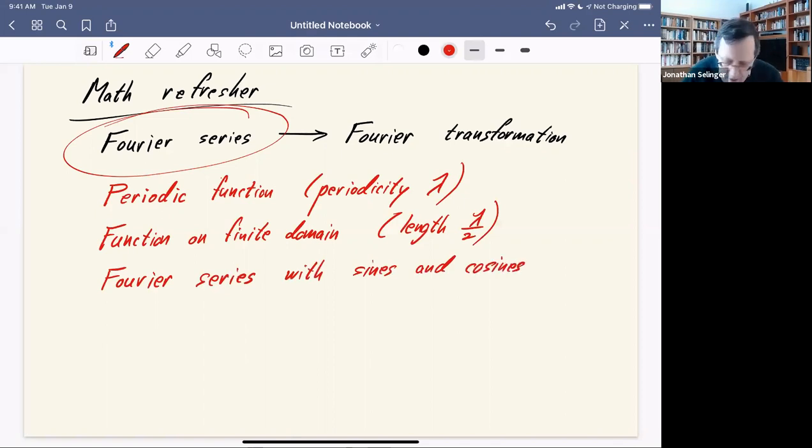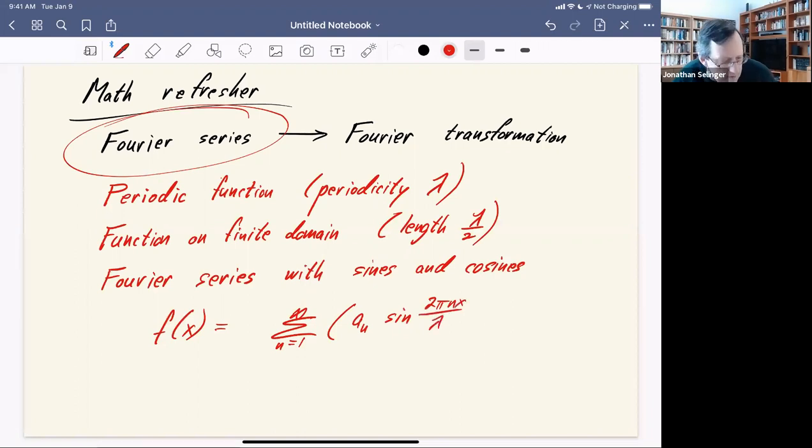So we could write f of x as a sum of terms from n equals 1 to infinity, a_n sine 2 pi n x over lambda, plus some other coefficients b_n cosine 2 pi n x over lambda.